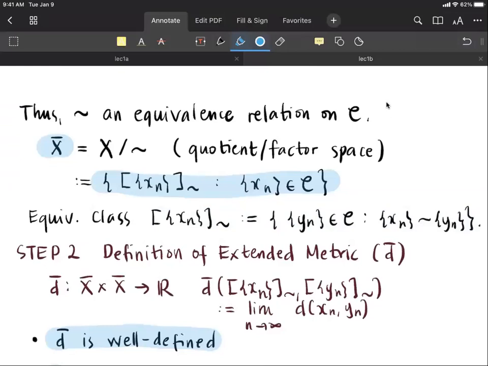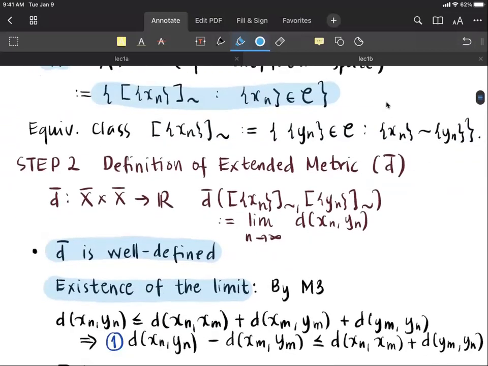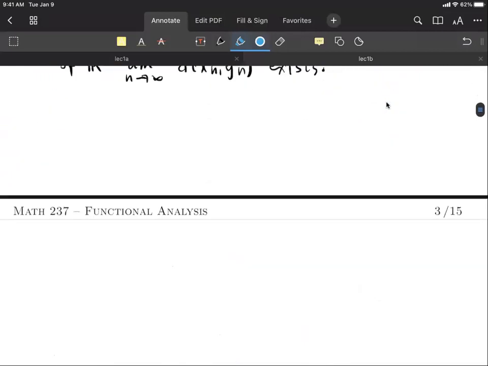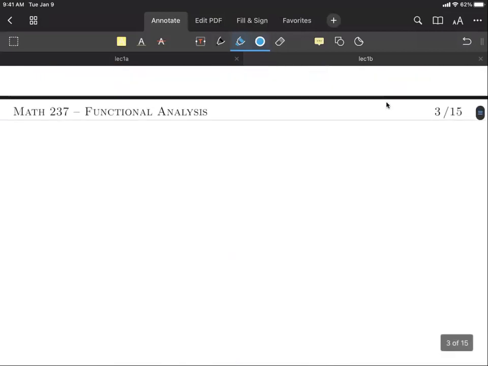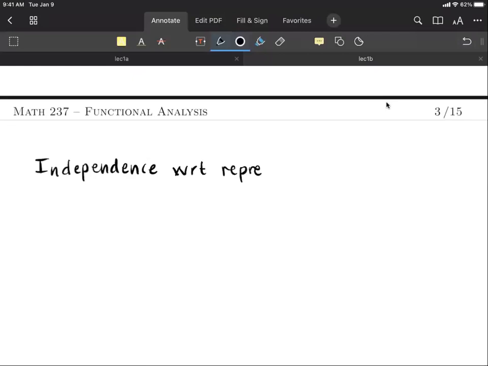We should get the same value for d bar to be well defined. So let us see that here: independence with respect to the chosen representative of the equivalence class.